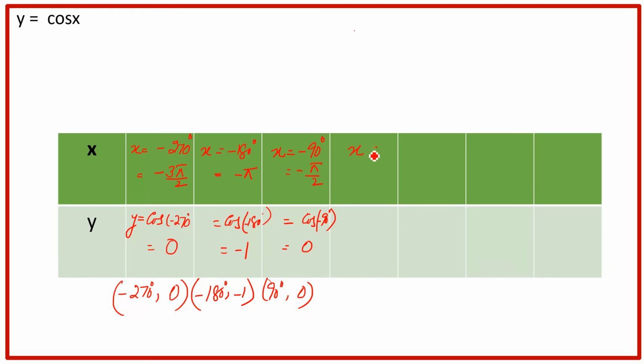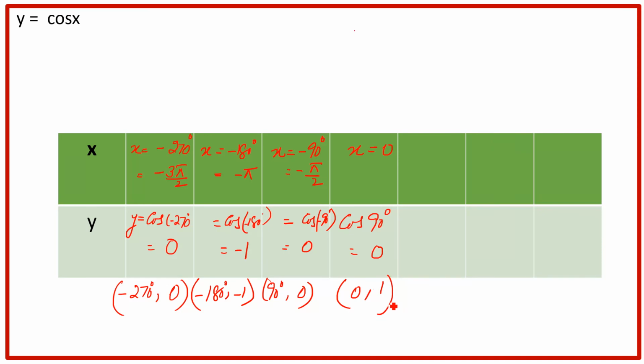Now put x is equal to 0 in radian. Sorry, cos of 0 is 1.